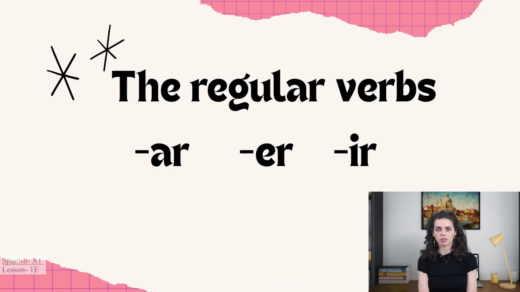Moving on to the regular verbs. Los verbos regulares. Keep practicing the R. The more you practice, the easier it will come. The regular verbs can be classified into three groups. Those that end in ar, er, and ir.